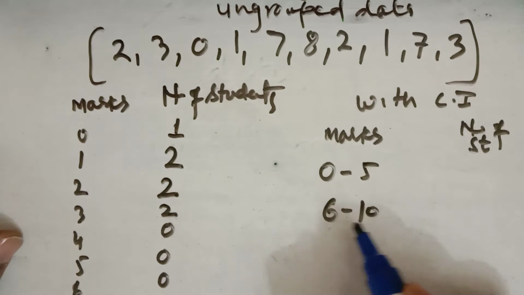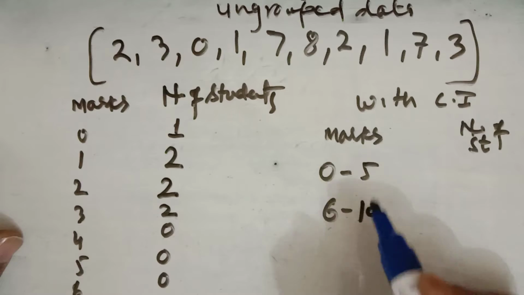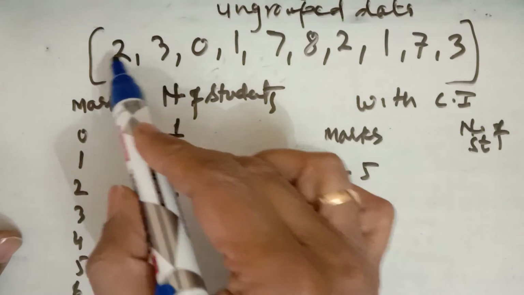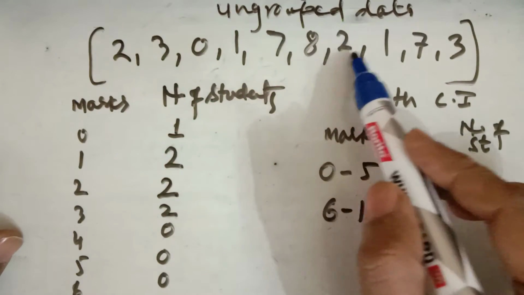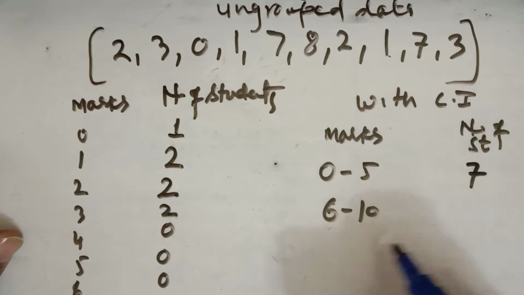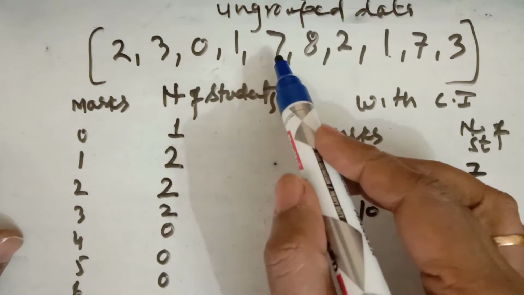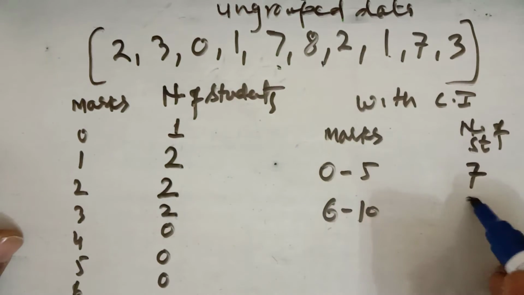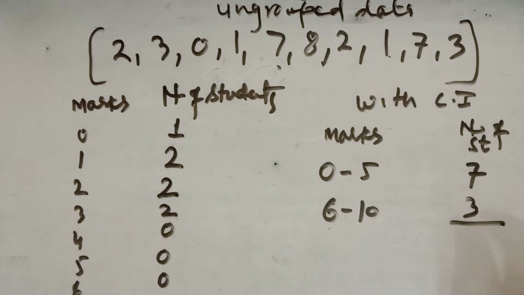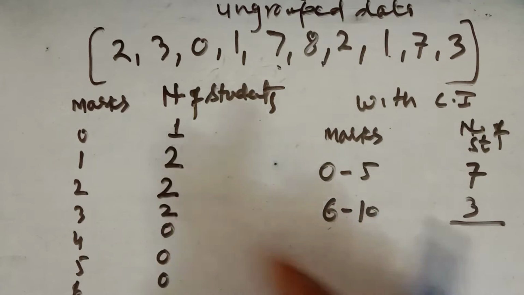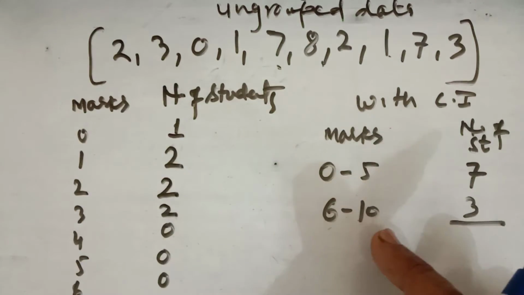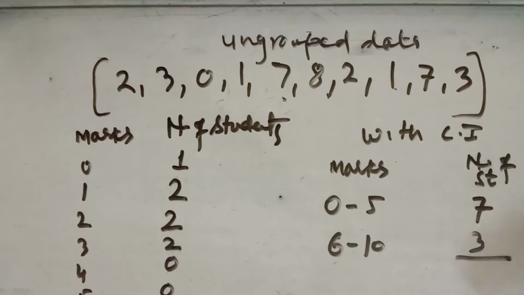Number of students from 0 to 5 is 1, 2, 3, 4, 5, 6, 7. So 7 students are there, and from 6 to 10 there are only 3. So the number of students is 10. So this is the ungrouped data, and the grouped data without class interval and grouped data with class interval.